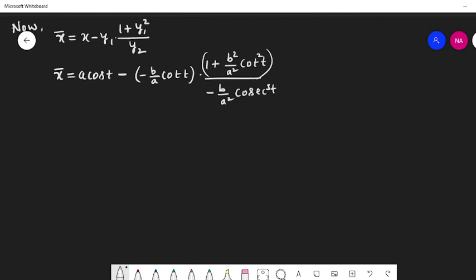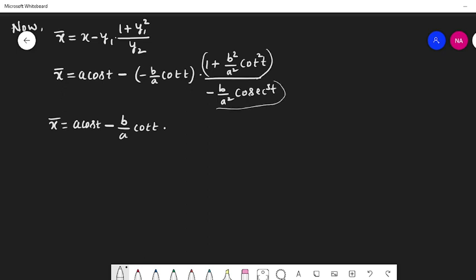Now it will be x bar equal to a cos t, minus into minus into minus. I have three negative signs, so an odd number of negative signs leads to negative again. B by a cot t into this one.